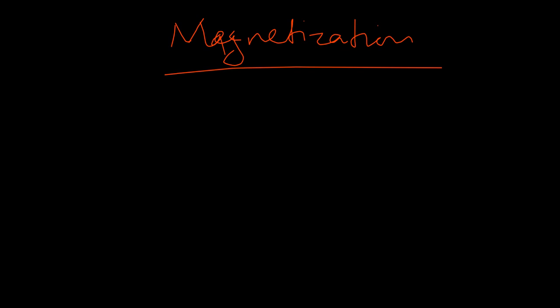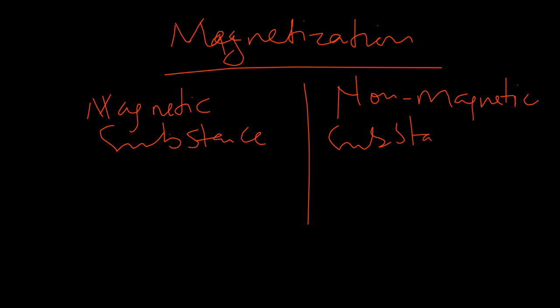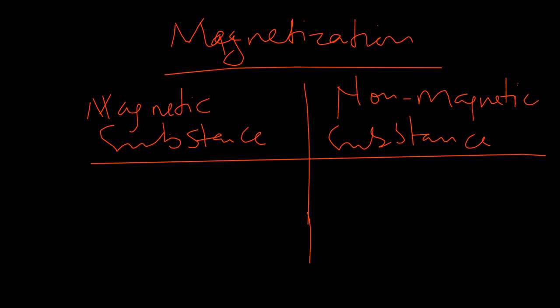So we have a magnetic substance, then we have a non-magnetic substance. So what is a magnetic substance? A magnetic substance is a substance that can be attracted by magnets.